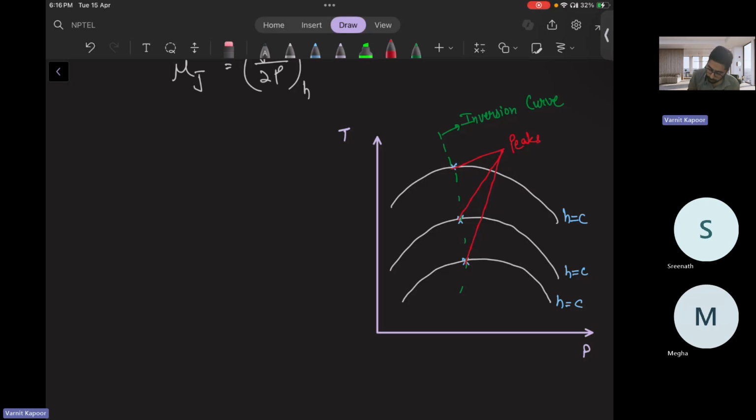Okay. So if you observe here, take initially the process going from this side to this side.